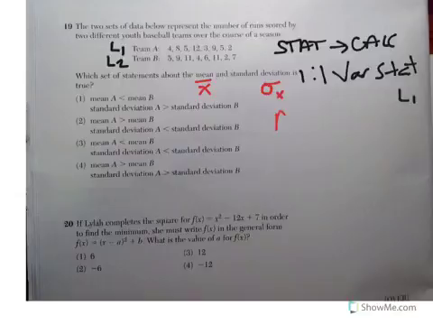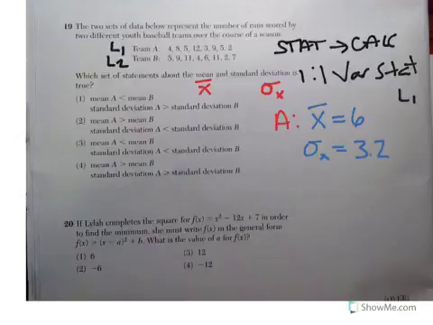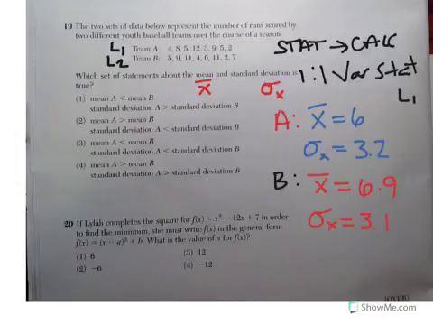So if I look at A first, my mean is 6, and my standard deviation is, well, if I round, I'll have 3.2. Now, if I look at Team B, I have my mean as 6.9 if I round to the nearest tenth, and my standard deviation as 3.1.